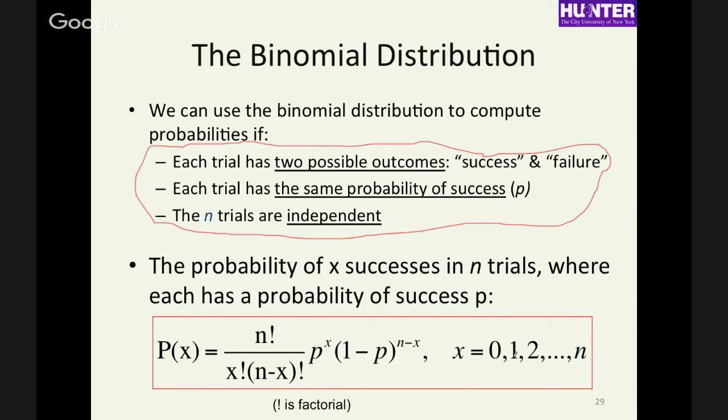But that's all you have to do. The only catch about this formula, you can program it into a spreadsheet and just use it, or you can use the binom.dist function in Excel.